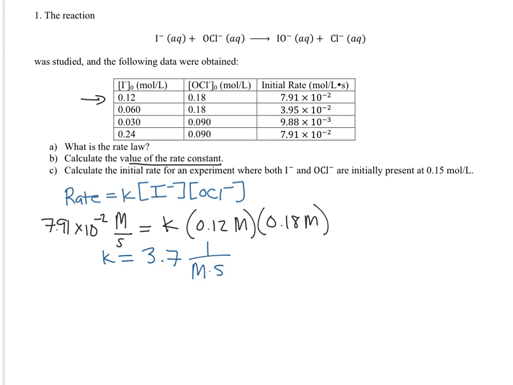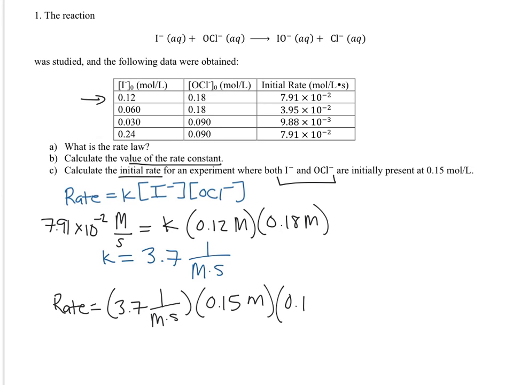The next portion of the question says to calculate the initial rate when both I negative and OCl negative are initially present at 0.15 molarity. Okay, so all we have to do is plug and chug. The rate will be equal to our rate constant, 3.7 times 0.15 molarity times 0.15 molarity.